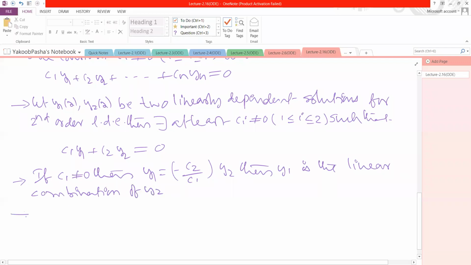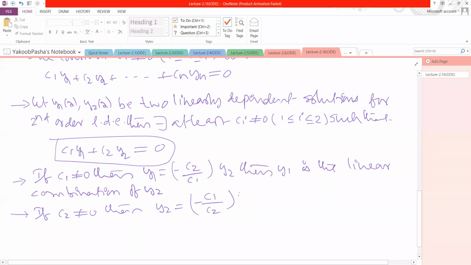In other words, in case c2 is not equal to 0, then this linear combination can be written as y2 is equal to minus c1 by c2 into y1.